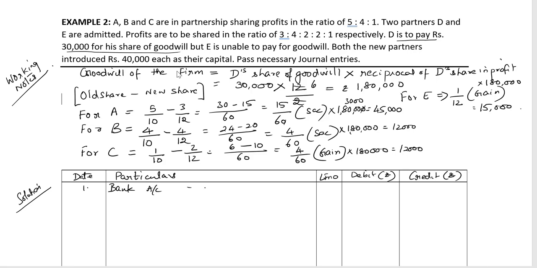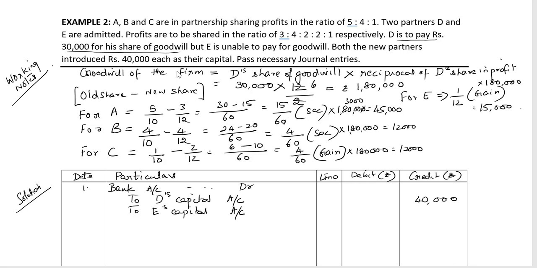Bank account debit to D's capital account. D brings in 40,000 as his capital, to E's capital account.